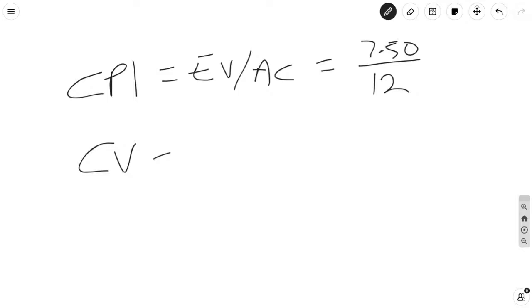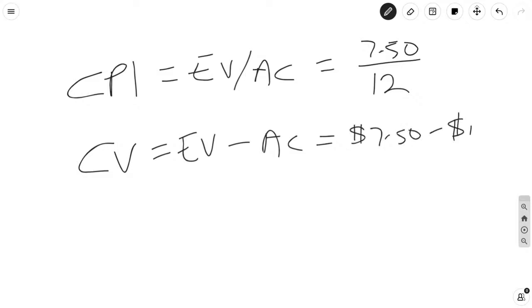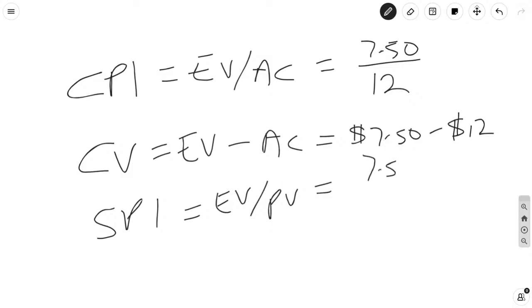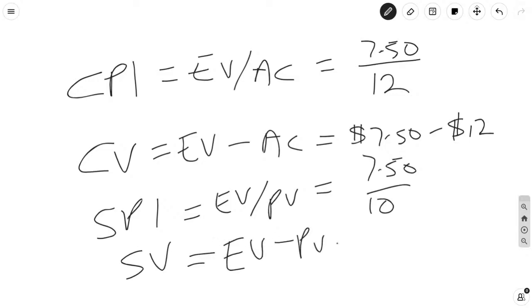The CV is going to be earned value minus actual cost, which is, put the dollars there because the dollar sign will not cancel in this formula, right? And then the SPI is earned value divided by planned value, which is 750 divided by 10. And the schedule variance is earned value minus planned value, which is $7.50 minus $10.